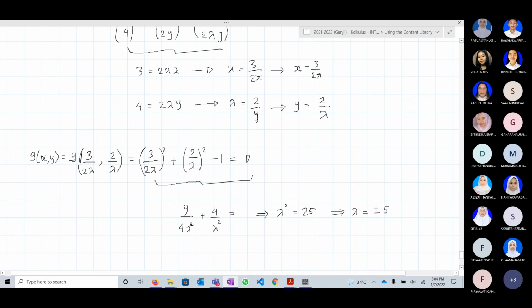Oh, 25, no, 25 over 4. So lambda must be plus minus 5 over 2.